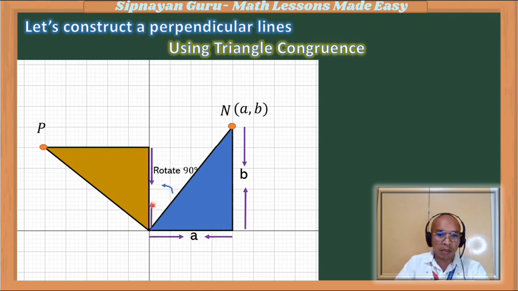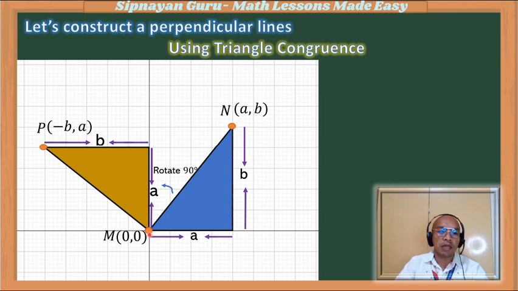So we can represent this distance as a, and this distance, which is rotated, is represented by b. Therefore, the coordinate of P, which is located in the second quadrant, is (-b, a). The x-coordinate is negative b, and the y-coordinate is positive a, since the point is in the second quadrant.